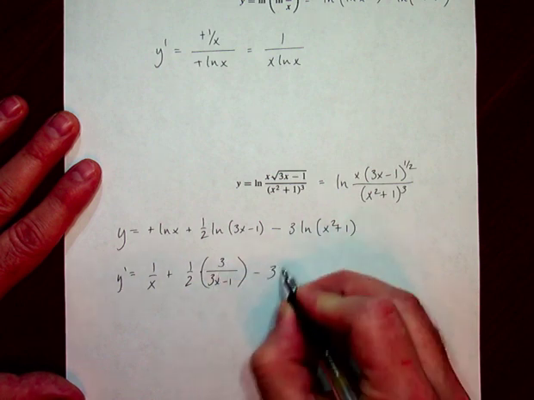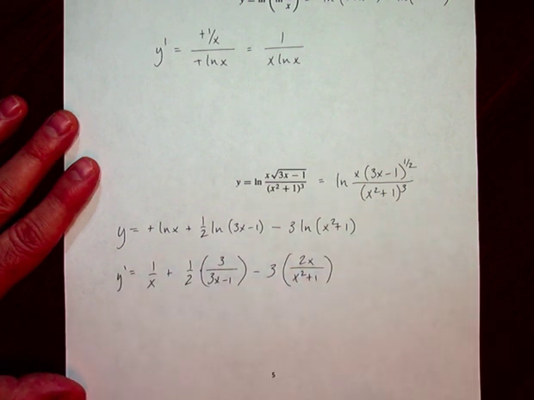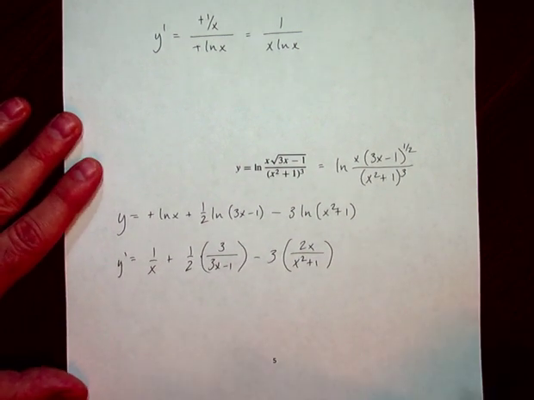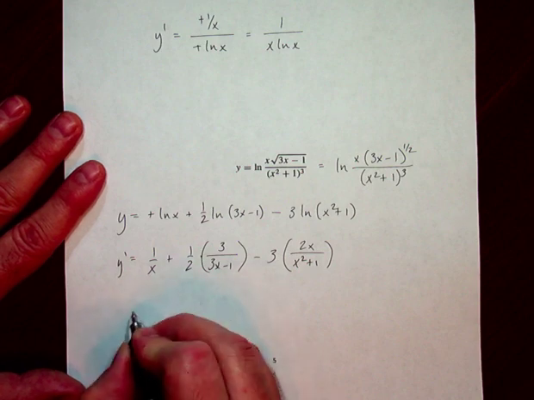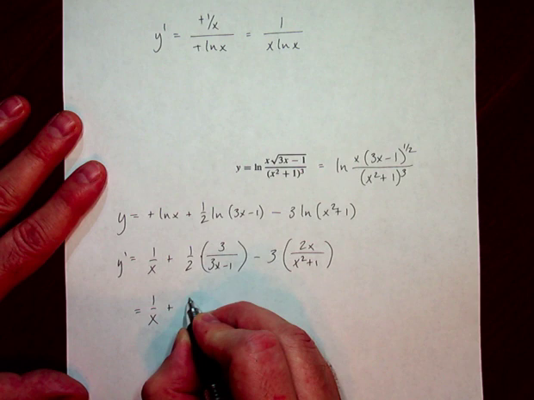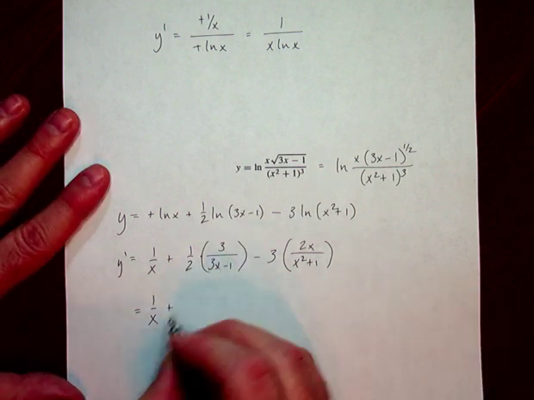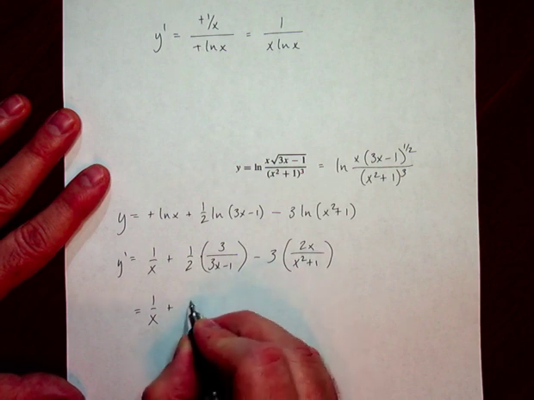And this winds up being 3 and 2x over x squared plus 1. And, you know, you can simplify it if you want. It becomes 1 over x plus, and you can pull the 3/2 out in front, or you can put the 2 down here. It doesn't really matter. Both are equally messy, I guess.